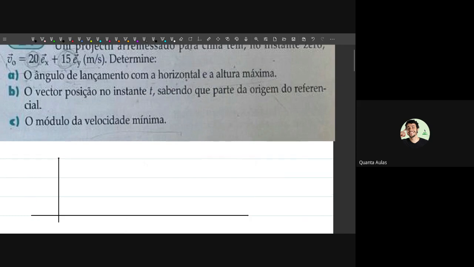I am a little crazy today. So when the problem starts, we have a diagonal velocity, right?